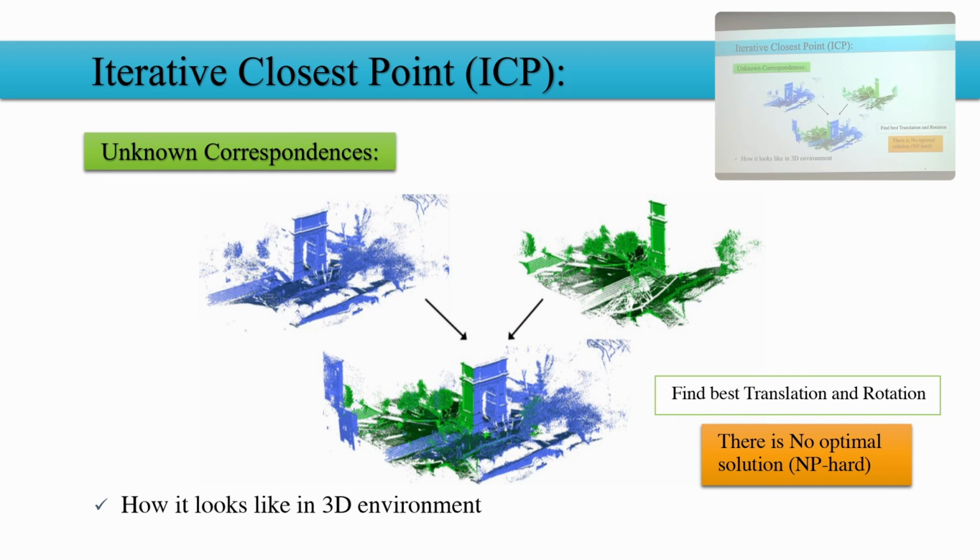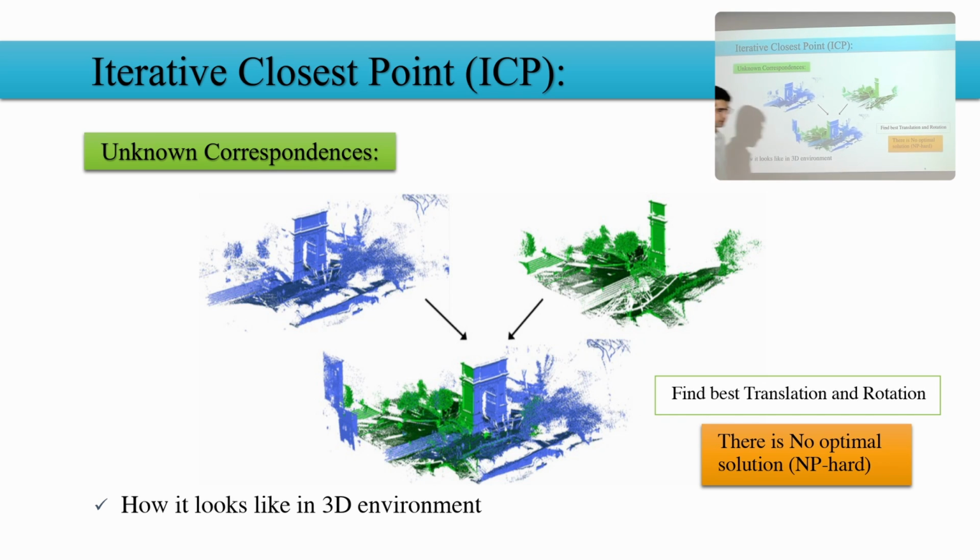So how it looks, as I explained to you, let's say we have point cloud A with this shape and point cloud B with that shape. What is the objective? Their coordinates, their positions are different. We are matching them together, as you can see here, by applying translation and rotation.